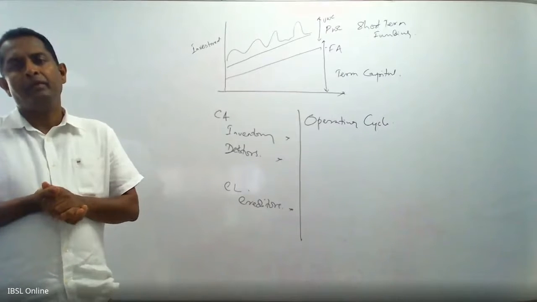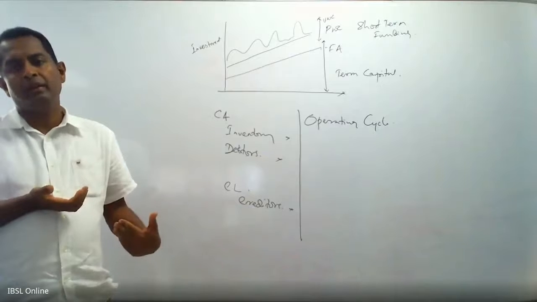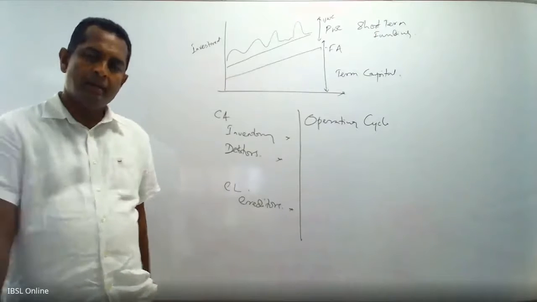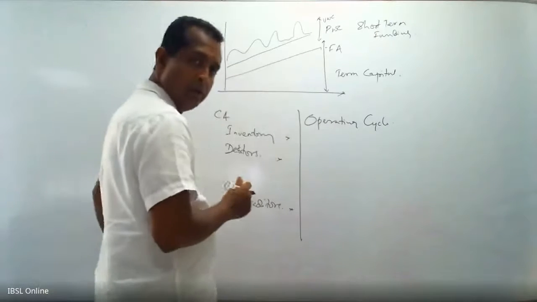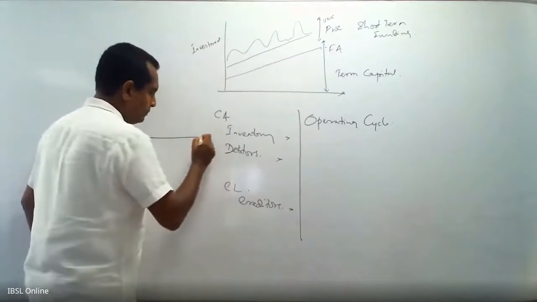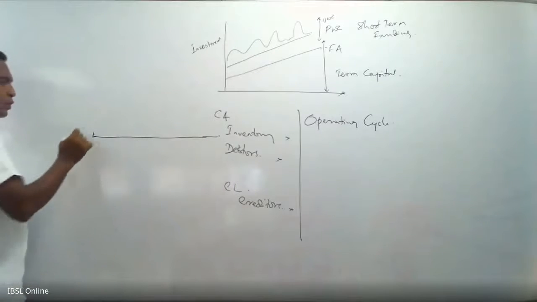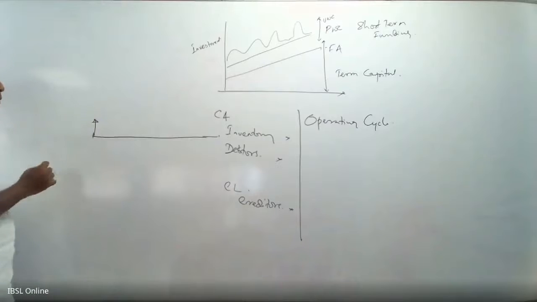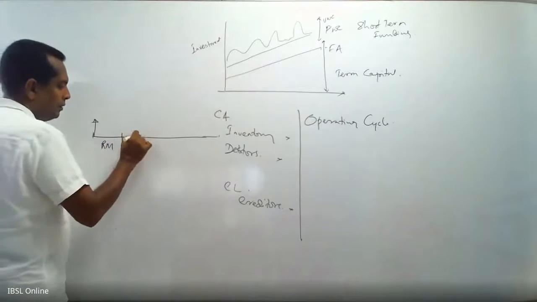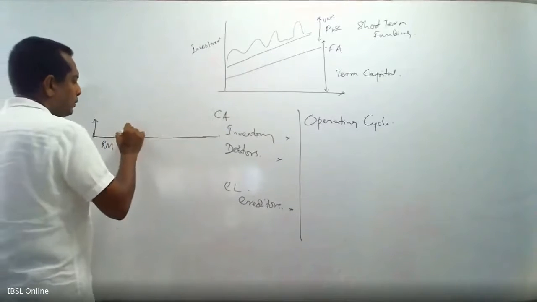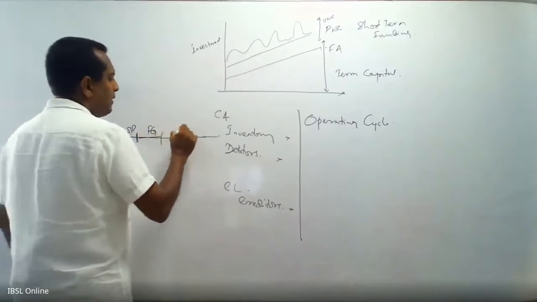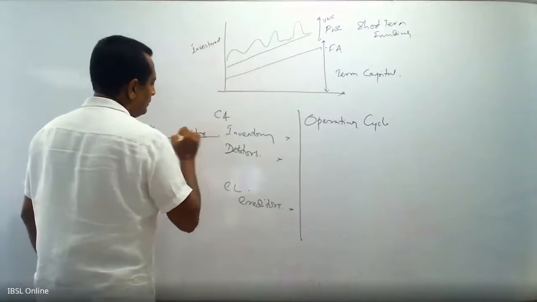It is the time gap between investing resources to purchase and collecting your cash from the debtors, right? You go to the market today, bring raw material, then that raw material will remain as work in progress. Then you have finished goods, then you have debtors, right?